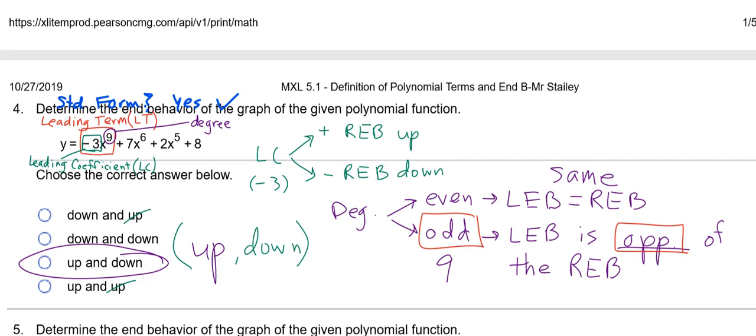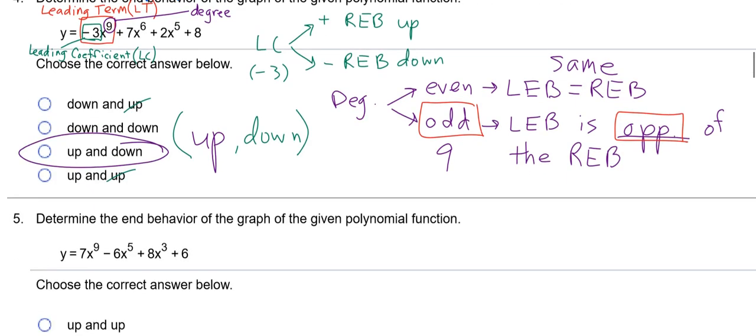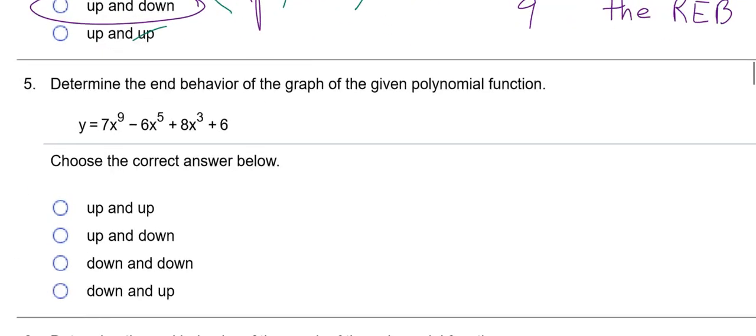So we start out by making sure it's in standard form. We find the leading term. We identify the leading coefficient and the degree, and we go down this path of finding right end behavior first, left end behavior second. Hopefully you have that written in your notes as we move to question 5.